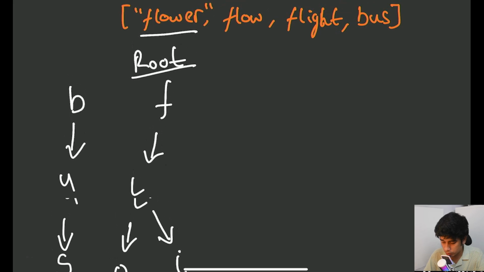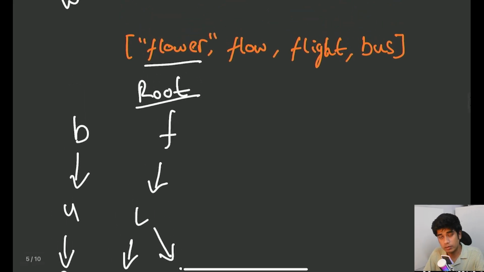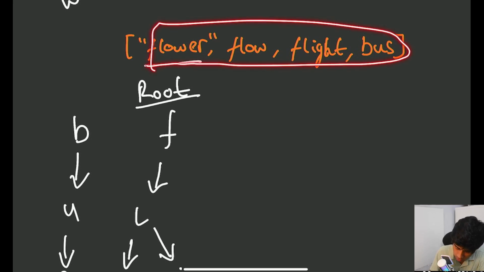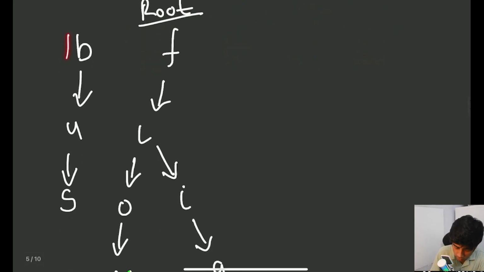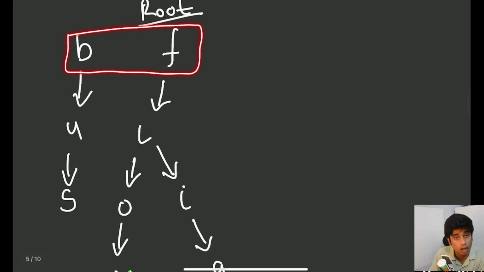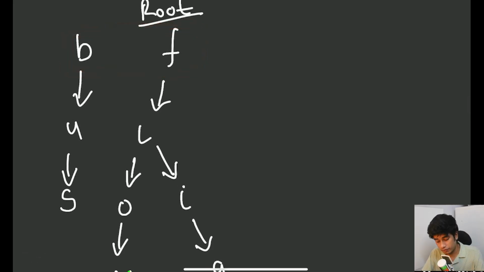Now what is the longest common prefix here? The longest common prefix is nothing here, because there is nothing in common in all of these, because although these three words start with FL, this doesn't. This starts with B. Now if you observe at the root level, I have two object ID references in my array.